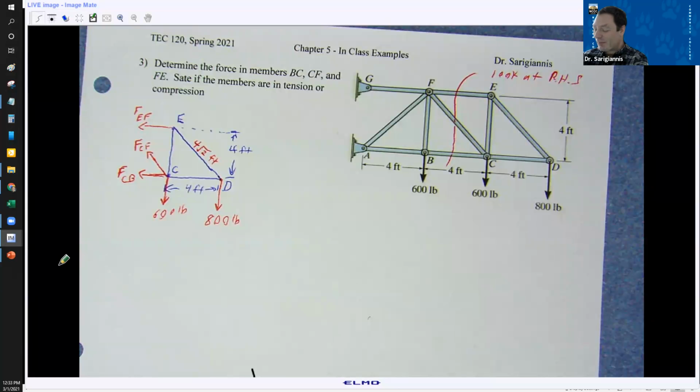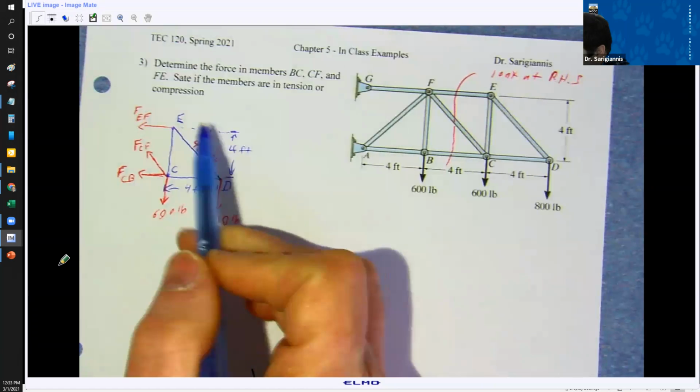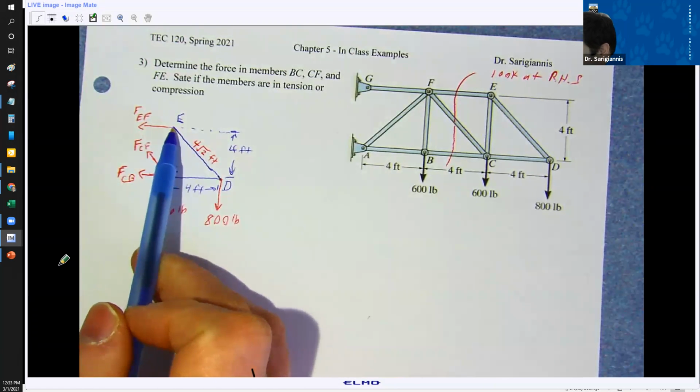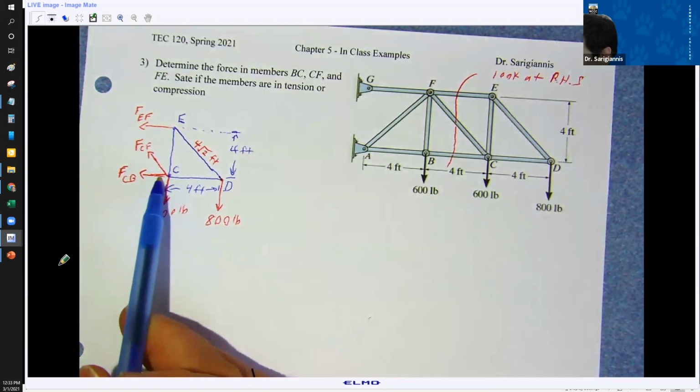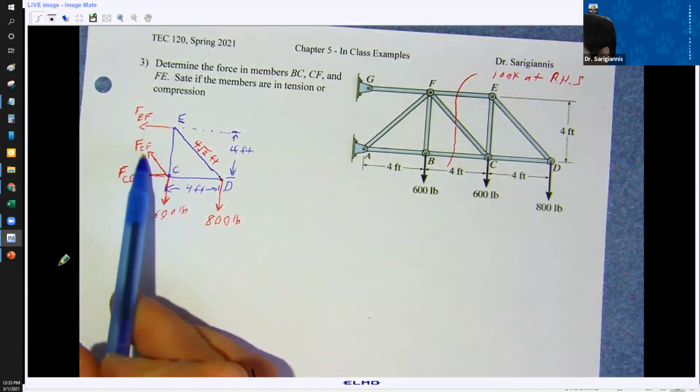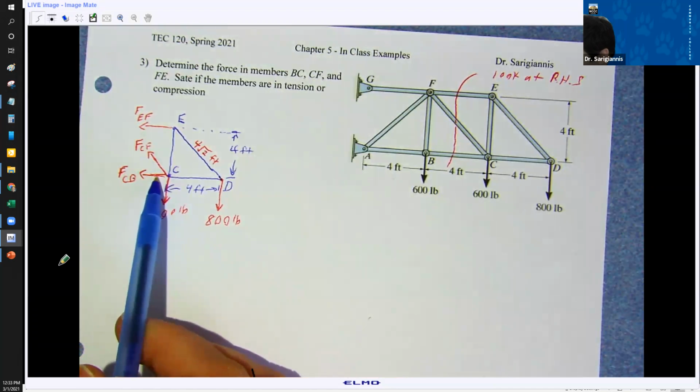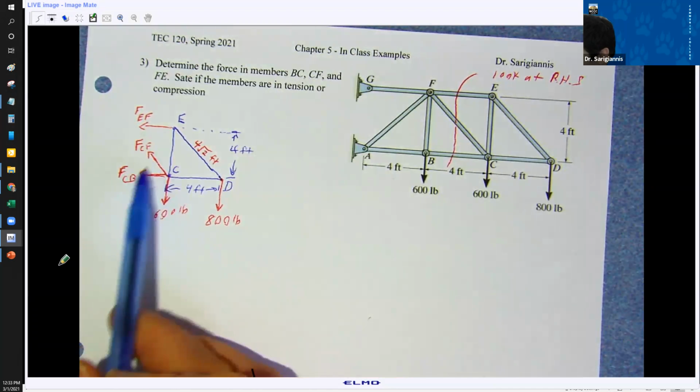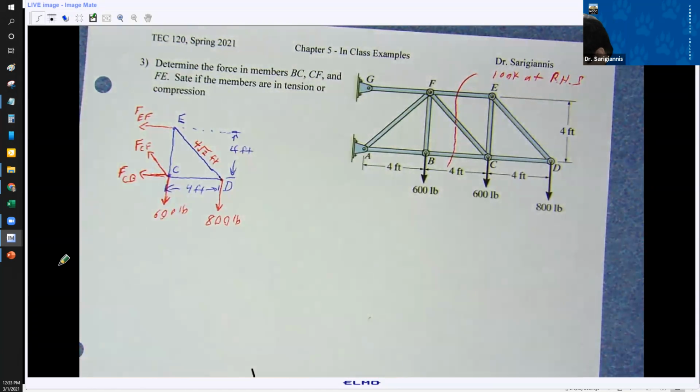If we took some of the moments about a certain point, we could eliminate lots of forces. Let's look at point E. If we took some of the moments about point E, we would have CB, and we'd have the X and Y component of CF. So that would still give us 2 unknowns.